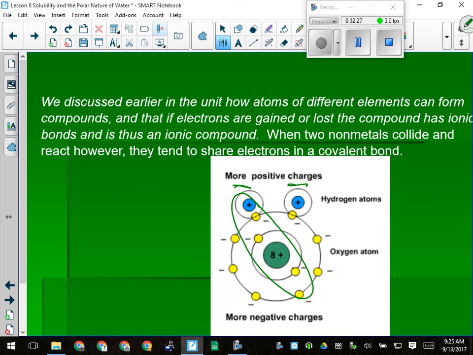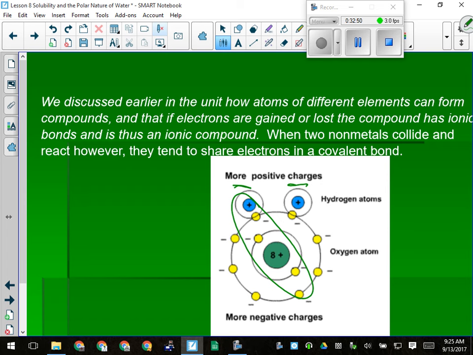The higher the number, the harder it holds on to electrons. Oxygen's electronegativity is 3.4. Hydrogen's electronegativity is 2.2. So when they bond together in a covalent bond, the electrons end up near oxygen more because oxygen can hold them more tightly than hydrogen can.